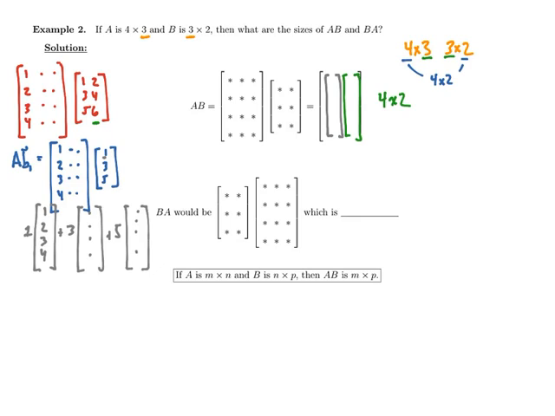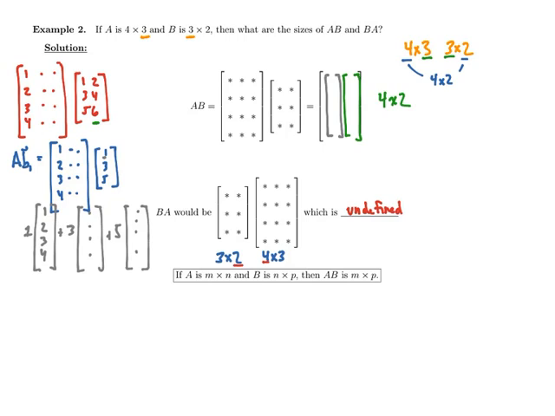Let's look at the opposite multiplication, B times A. So this is a 3 by 2 and a 4 by 3. In this case, because the 2 and the 4 are not the same, this is undefined. This doesn't make any sense to do.